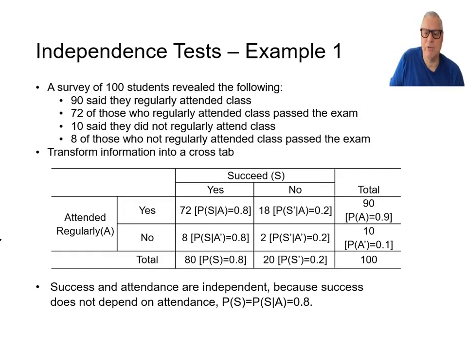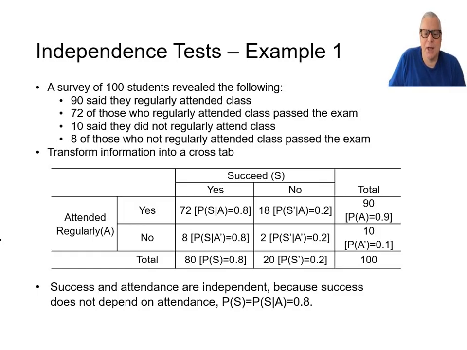Okay, so now here we have a crosstab, which we already have discussed earlier in the context of descriptive statistics. So now let's fill out this crosstab, and what you can see is this crosstab has inner cells and outer cells. The outer cells are overall probabilities, the inner cells are conditional probabilities.